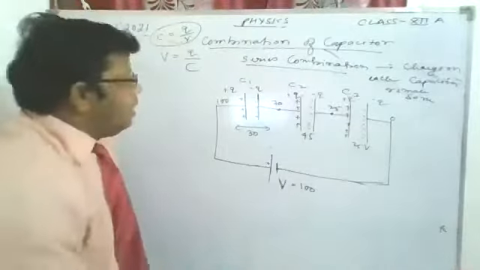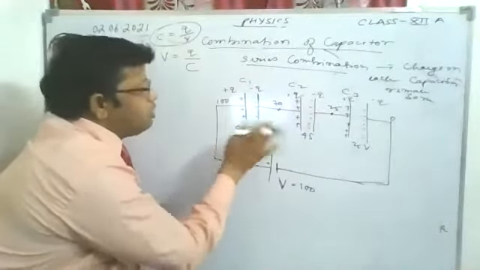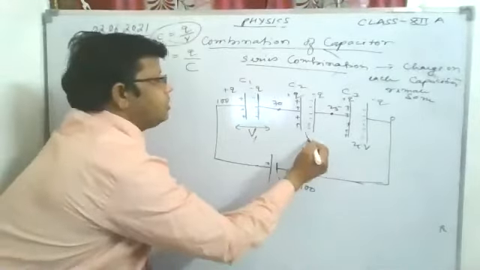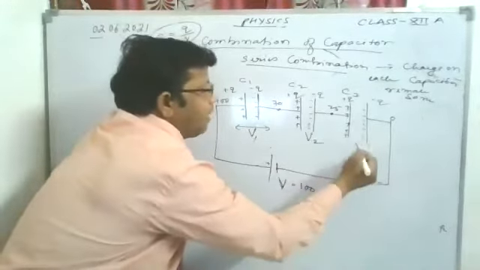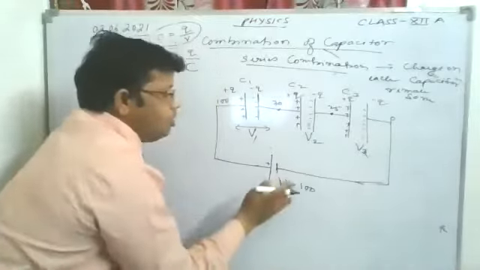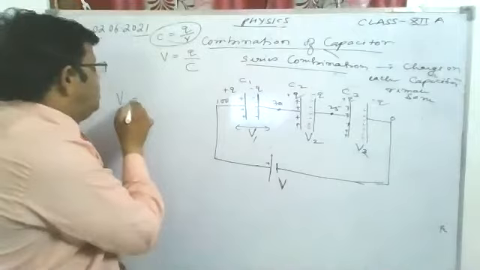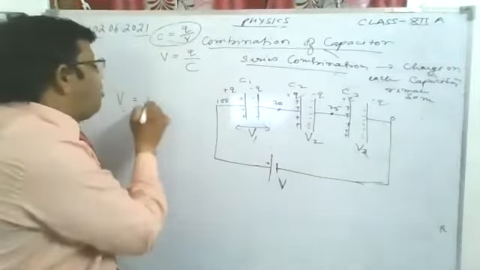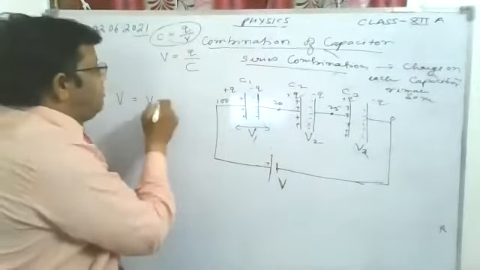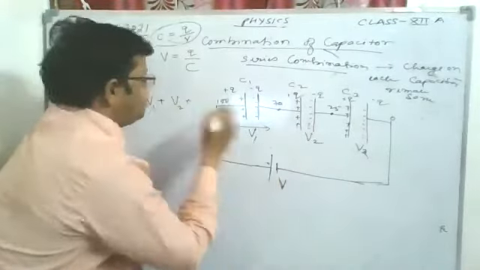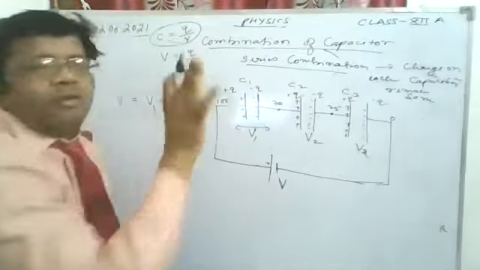Now see here, let the fall of potential across the first one be V1, across the second capacitor it is V2, and across the third capacitor it is V3. So we can write, whatever be the voltage supplied by the battery will be equal to the sum of the fall of potential in the first plus the fall of potential in the second capacitor plus the fall of potential in the third capacitor. It should be clear to you.